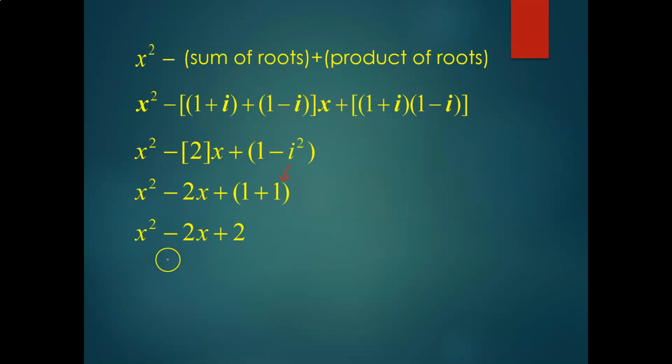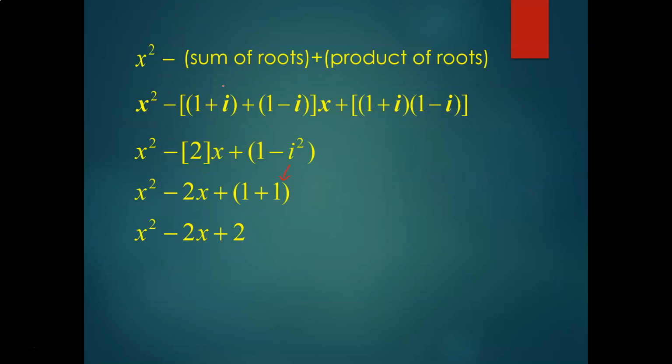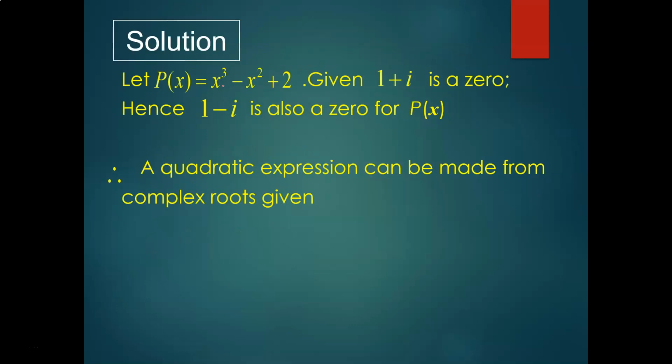So, why did I actually need to find this one is because, since we have cubic, kan, dekat sini kuasa 3, I need to find the other roots. So, I need to find 3 roots, 3 factors. But now I only have 2. 1, 2. You need to find another one. 1, this is 1, this is 2.